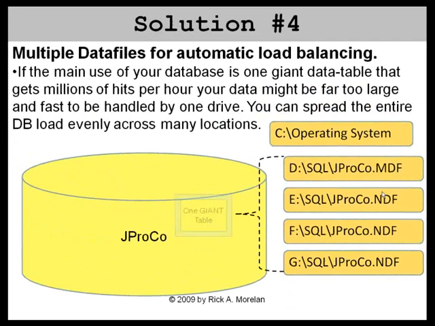How can you take one giant table and split it across many data files? Well, the reality is you can only assign a table or any object to one file group. Fortunately, you can associate a file group with as many data files as you need. So that's what we're getting ready to talk about.